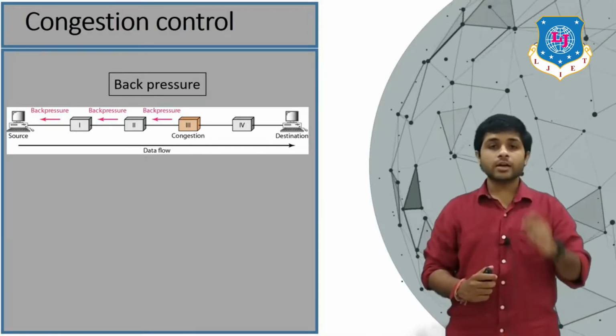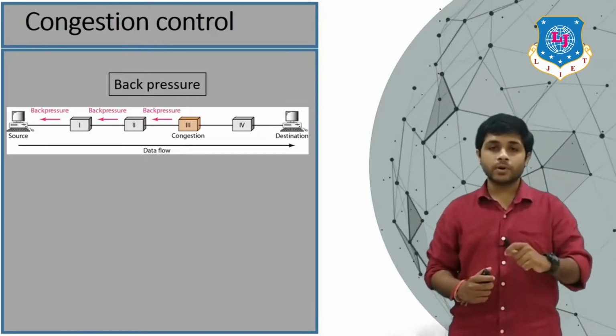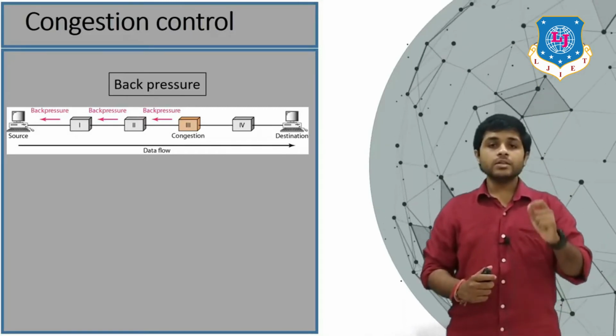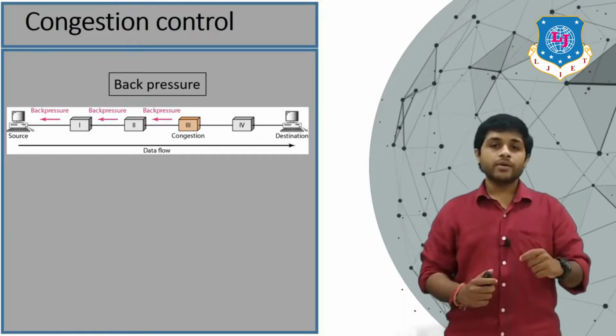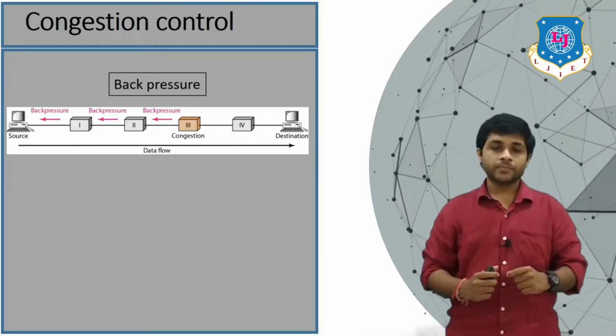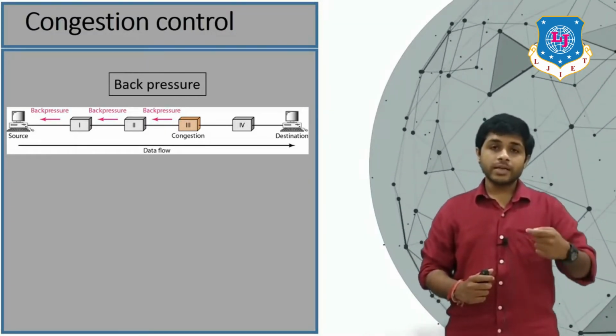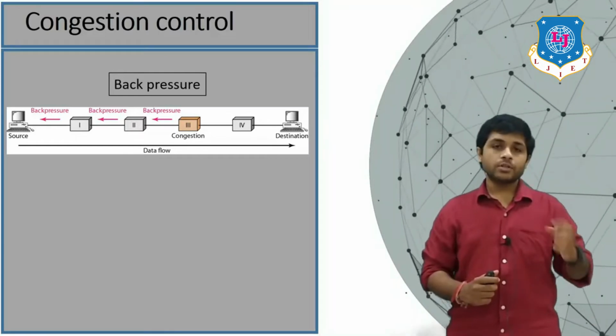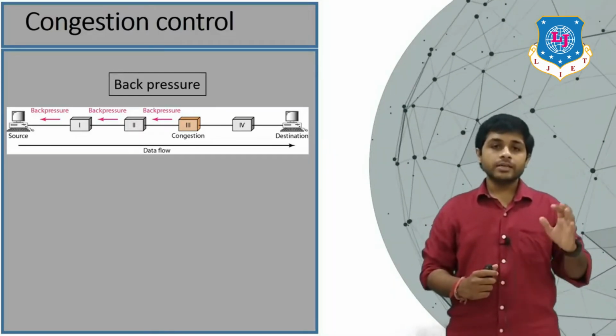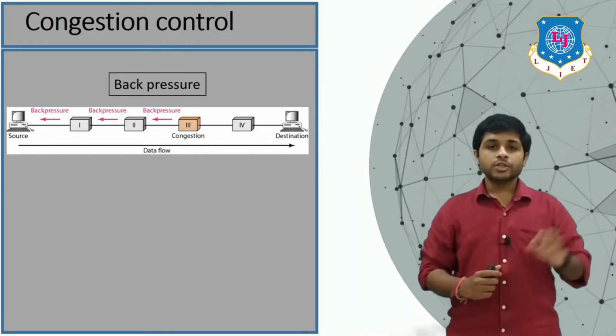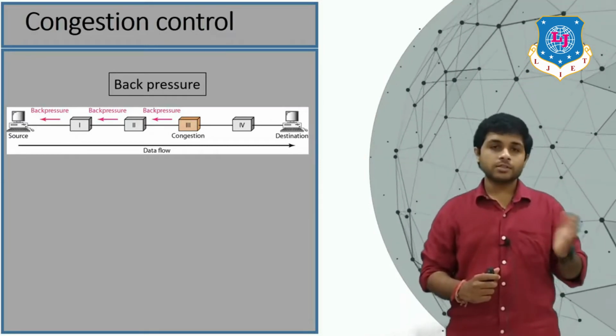So when there is a congestion in the network, that device will stop receiving any packet from the previous devices. Now the device which is before the congested device receives so many packets that it also becomes congested.